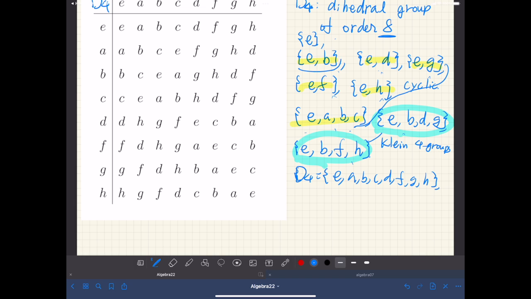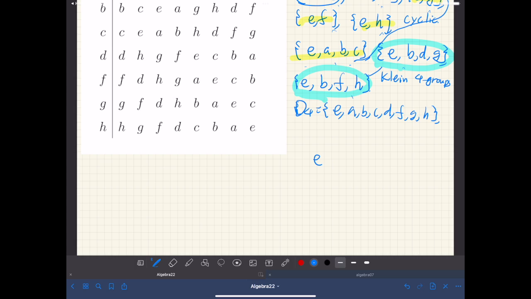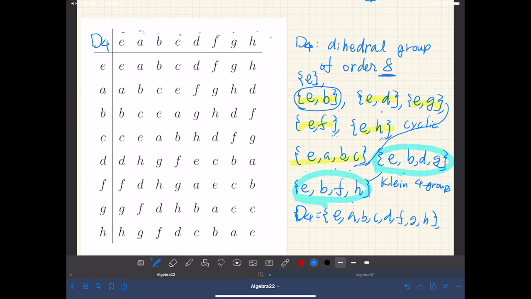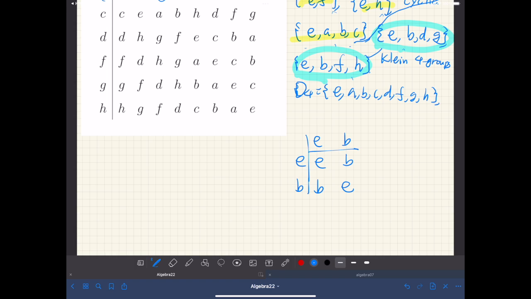Let's take this one as an example. So E and B, let's try to construct the Cayley table for this. E, B, B, and B times B is E. So indeed, this is closed under multiplication. And of course, B squared is E, so it is cyclic.